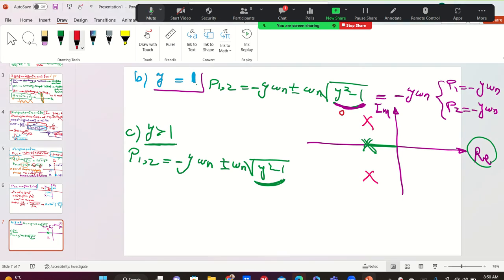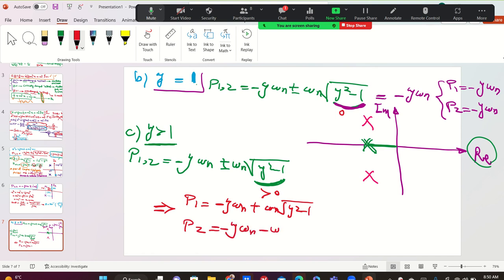So you have two real poles. Your P1 is going to be minus zeta omega n plus omega n square root of zeta squared minus 1, and P2 is minus zeta omega n minus omega n square root of zeta squared minus 1. You have two real poles.